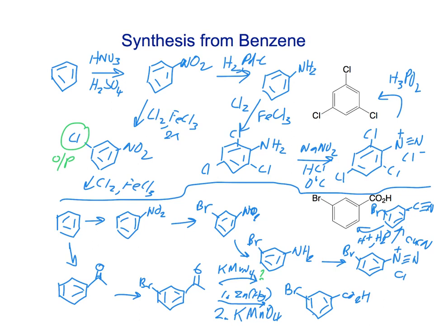The carboxylic acid would be a meta-directing group and we brominate directly. All right, I think that would be the fastest way. But all of this other chemistry is good as well. It's not as good.